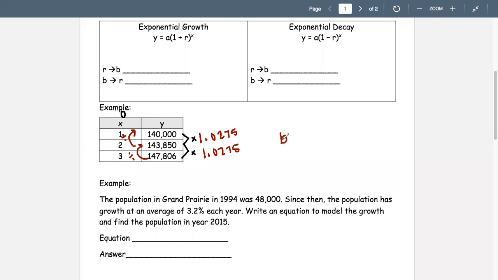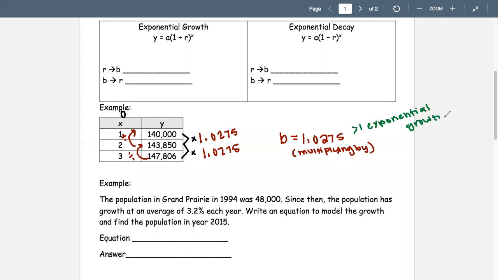So my B value is 1.0275. This is what it's multiplying by to get from one term to the next. Is that exponential growth or exponential decay? Because this is greater than 1, this is exponential growth.